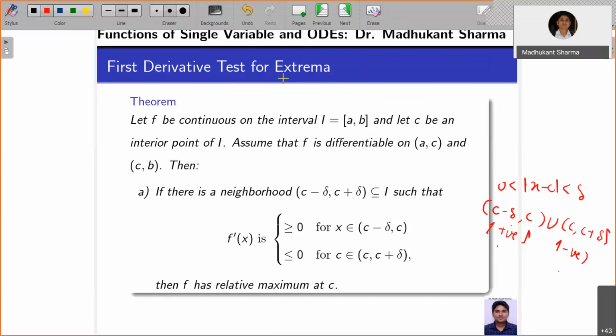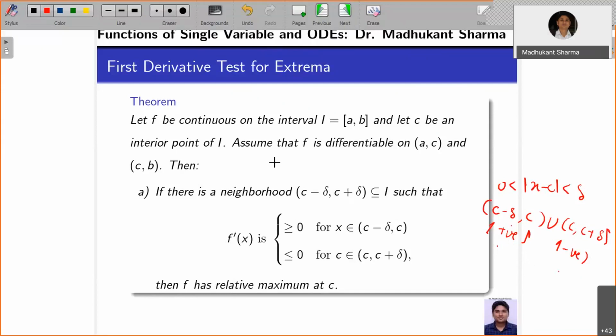To decide whether it is a relative maximum or relative minimum at c: for a relative maximum, it changes sign from positive to negative, which is very easy to remember. For a relative minimum at c, it is the reverse, from negative to positive.